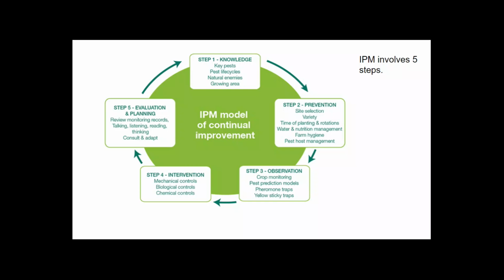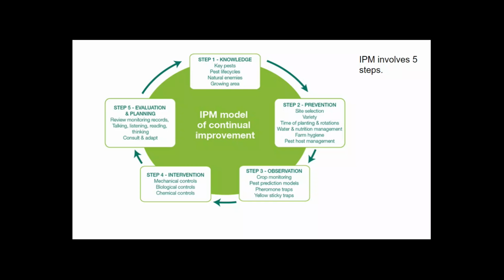The first one is knowledge, where we know the key pests which are going to affect the crop. We need to know the pest life cycles, the natural enemies of the pest, so we can perhaps introduce those. And you need to know the growing area. So the first step is knowledge, and 2, prevention.